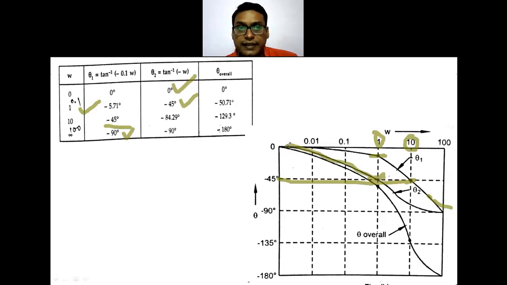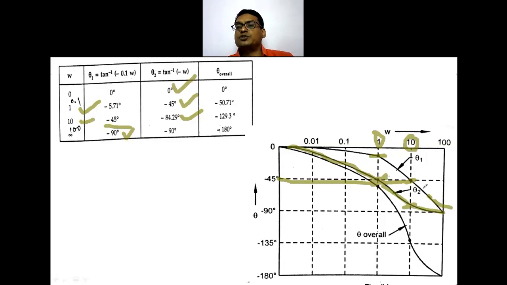And then next is omega equal to 10. The phase angle value is 84.29. So I can connect these 2 points here. And similarly for higher values towards infinity, it comes like this.